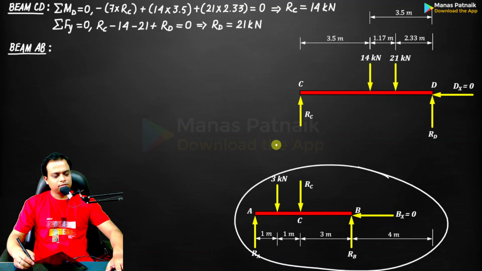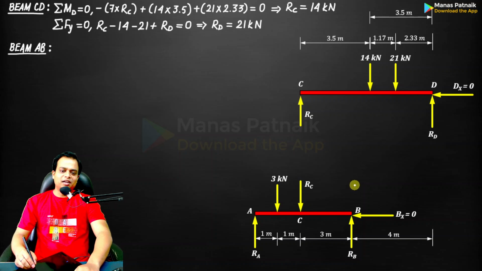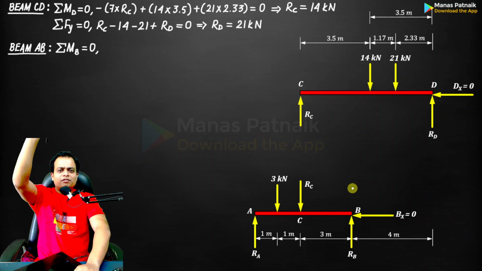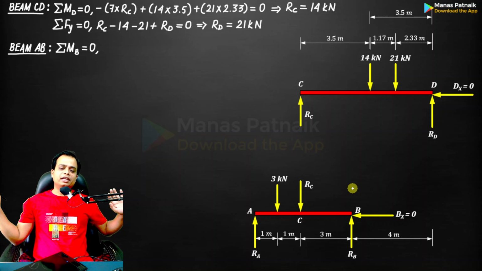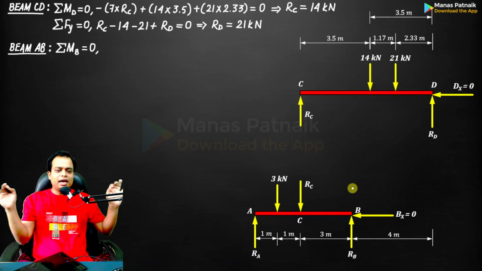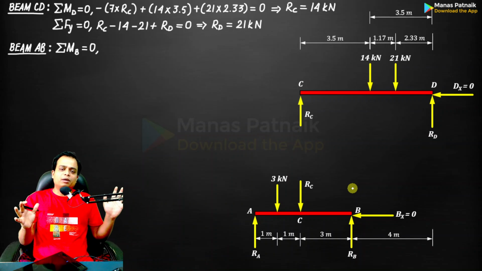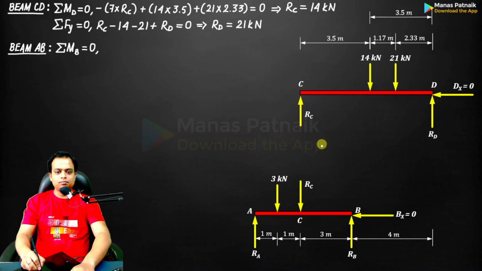Take a look. As far as beam AB is concerned, let me take the moment. You can take the moment about whichever point you want. This is the problem of statics. You can take the moment about any point, but I always pick those points which enable me to make my task easier. That means I have to deal with a lesser number of forces.